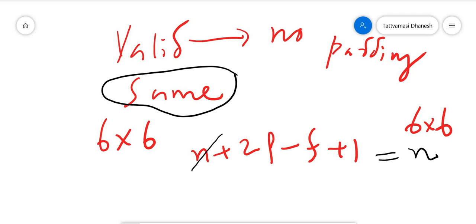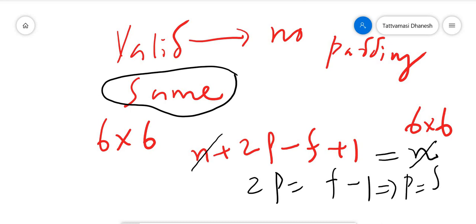This n and this n are cancelled, and you get 2p is equal to f minus 1, so p is equal to f minus 1 by 2. To get the same convolution, you need to use the formula for p as f minus 1 by 2. So this is the same convolution. Valid convolution means there is no padding.